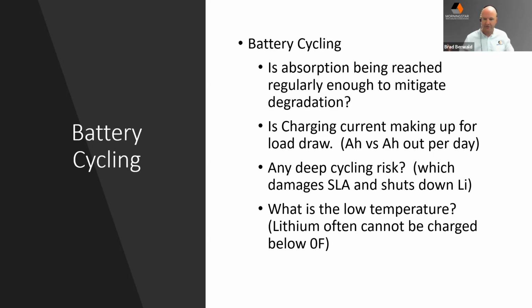The power that you take out, you want to make sure it's getting replaced, and that those are more or less in balance, or that you're generating more than you need for the system to be reliable. Is there any deep cycling risk, such as the battery being depleted to a damagingly low state of charge on a regular basis, which is going to mean that battery is not going to have a long life, unfortunately.